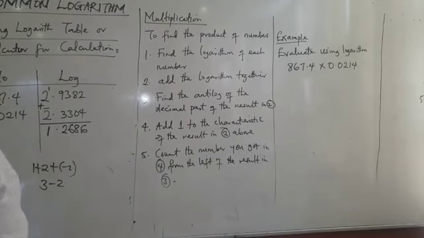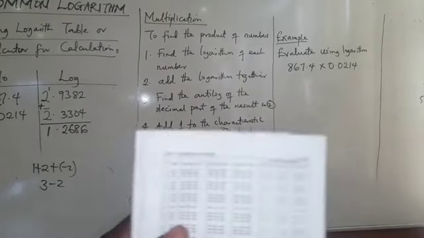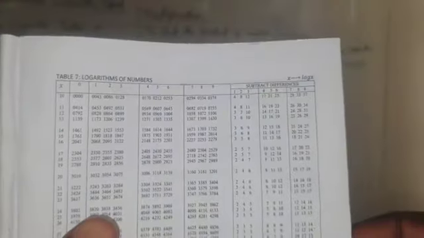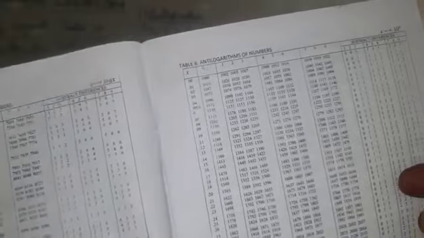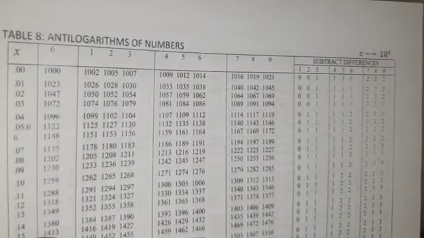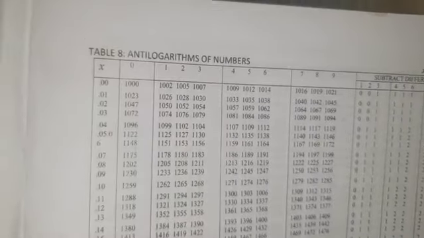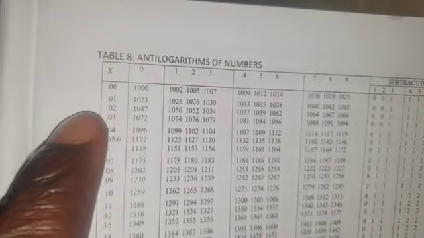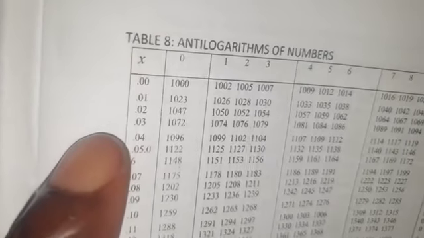So let's look at that. As we have it here, this is logarithm of numbers, right? Good. So we move to antilogarithm. This is antilogarithm, as you can see, antilogarithms of numbers. If you look at this part here, they are all less than 1.